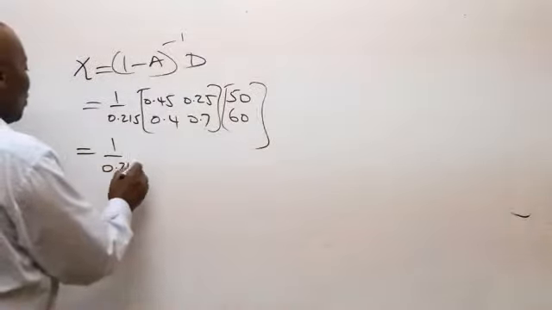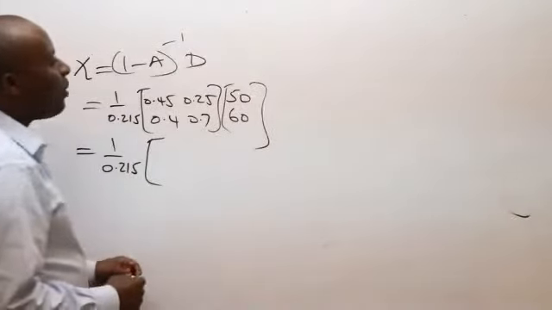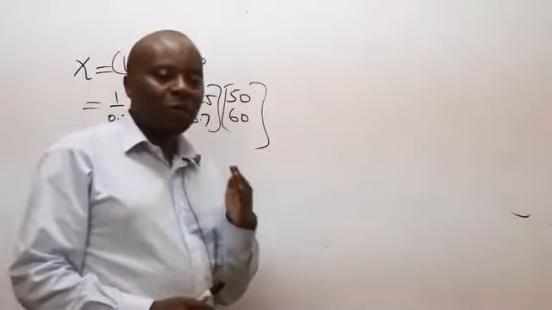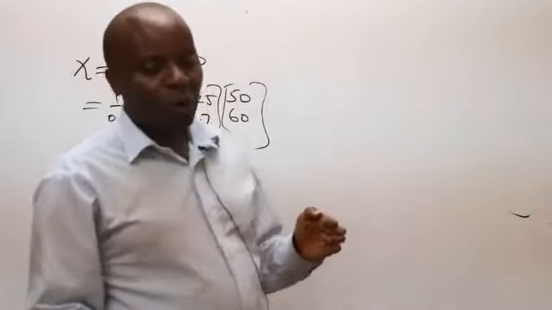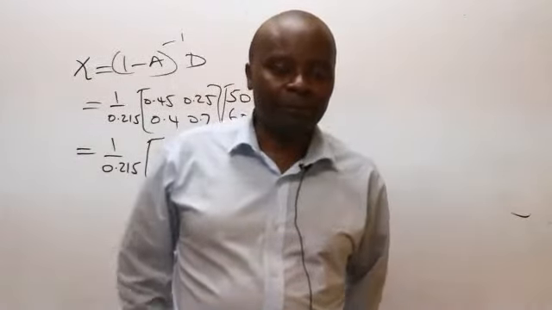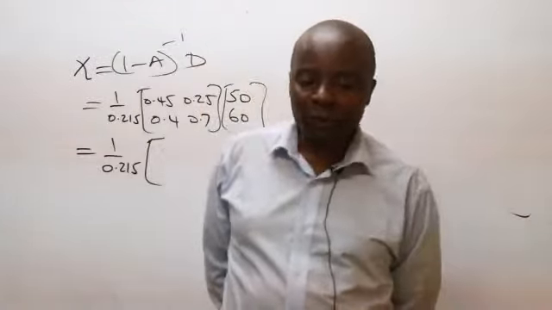So we have 1 over 0.215 into the multiplication of our matrices. Is there anybody who can remind us the major concept of matrix multiplication? When somebody says multiply two matrices, what comes to your mind?